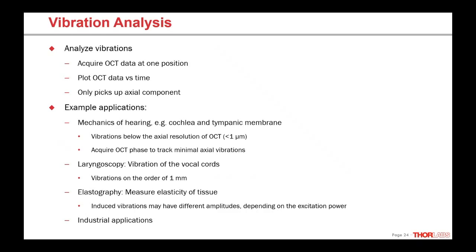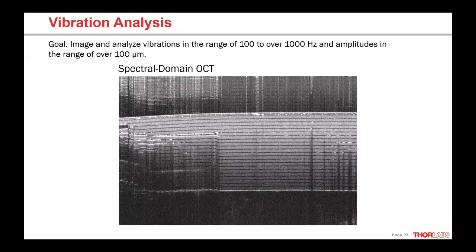And there was actually an interesting webinar in January by Brendan Kennedy on the topic of elastography. If you want to, you can go to the Thorlabs website and watch that webinar. On top of that, there are some other industrial applications. Now, let's look at some of these vibrations in OCT.